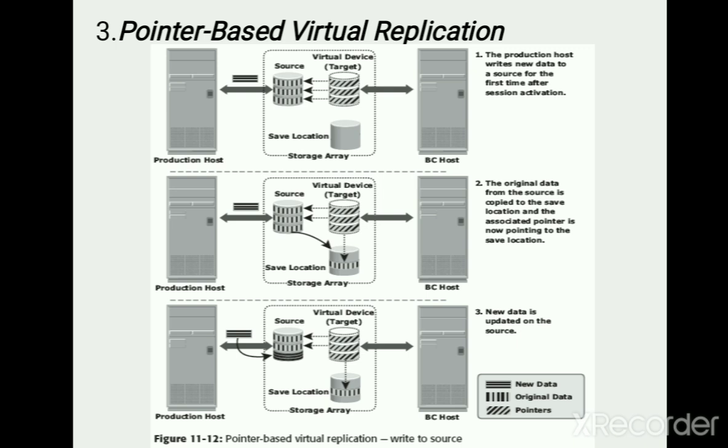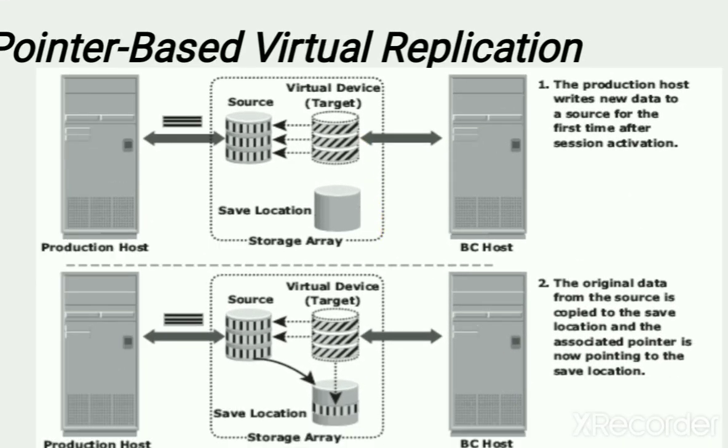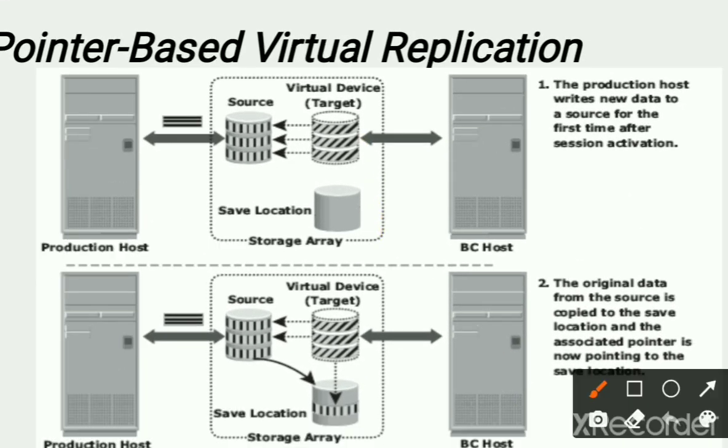Next we'll be discussing pointer based virtual replication. In this pointer based replication, you can see that we have the source, a target that acts as a virtual device, and one more device called the save location.